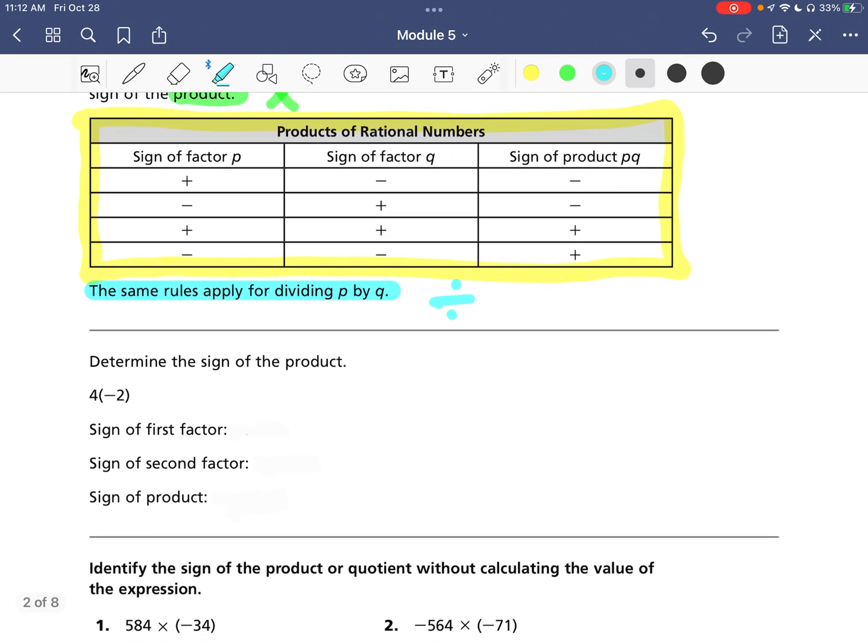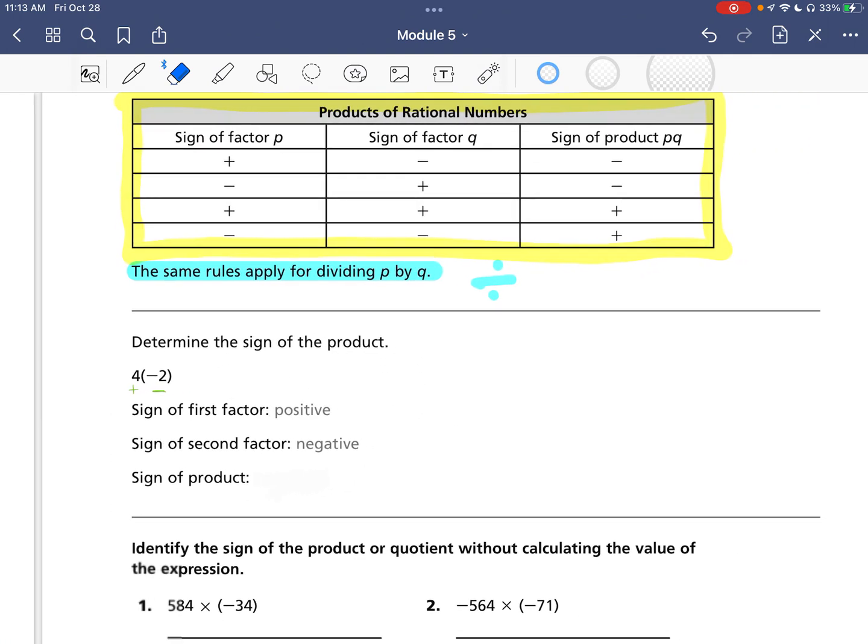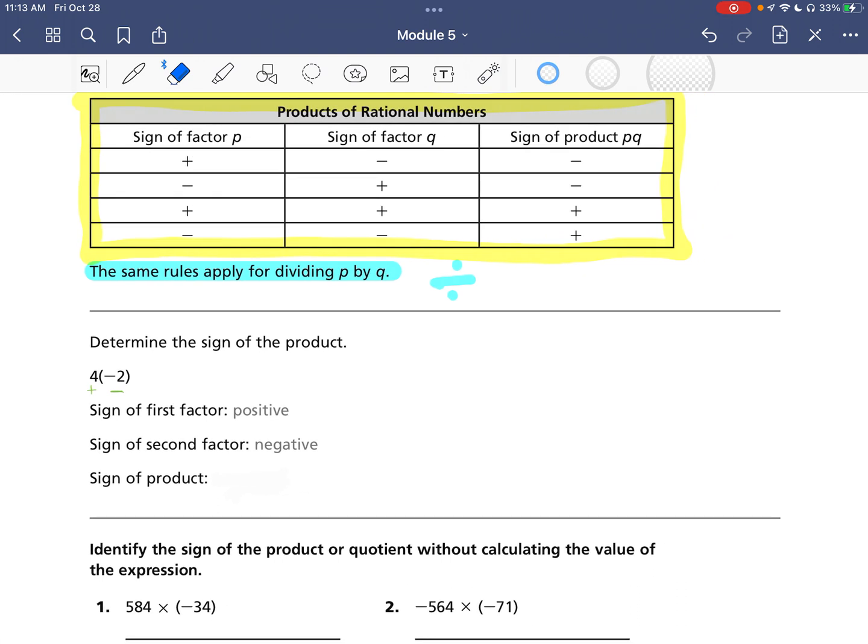So here we're going to practice. We're just doing product here. So the sign of your first factor, so 4 is positive. Okay, 4 is positive. And then our second factor is a -2, so that's going to be negative. Now, if we go back up to our little box here, the sign of the product when you have a positive for your first, so that's either going to be here or here.